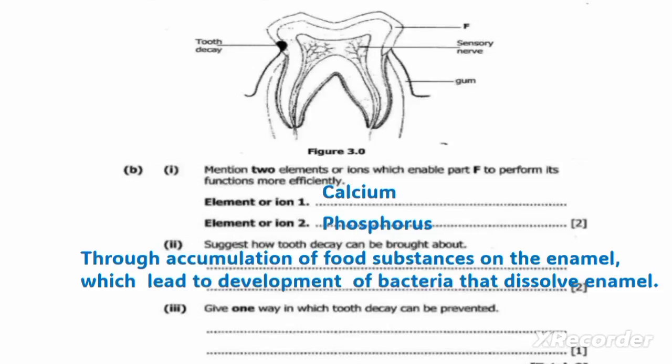Tooth decay can also be prevented by brushing your teeth using toothpaste. There are some elements present in toothpaste that can help to prevent decay. Okay, so we are going to say avoid opening bottle tops using your teeth.